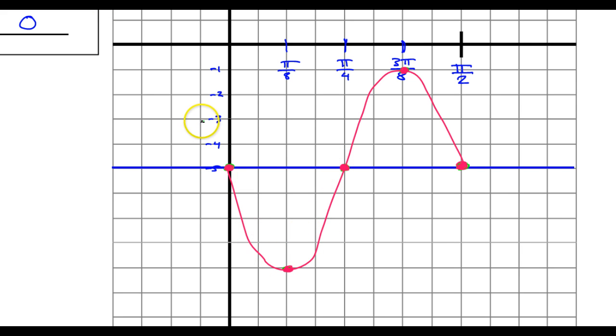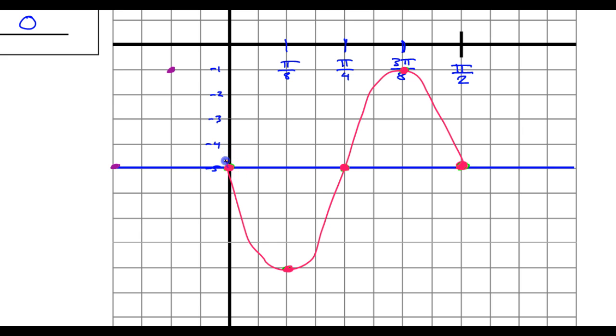So next I should be above the midline, 4 units above the midline. And then in my next position I'd be back to the midline again. I'm just continuing the pattern of up and then down.